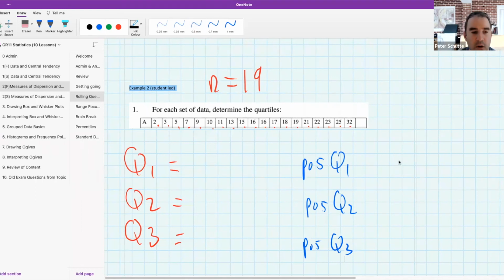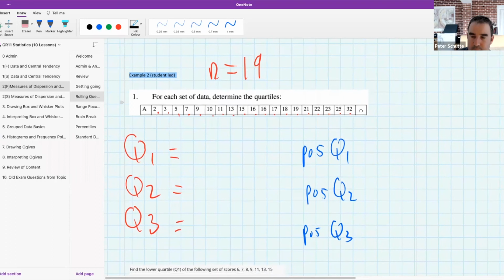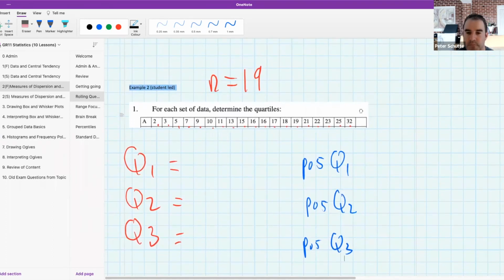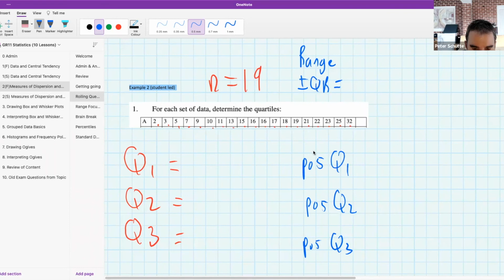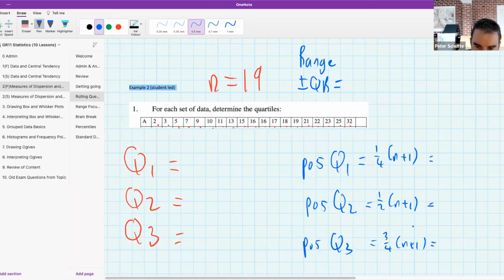So that's a good sign because it means that we can do these calculations. So what did I say n was? It was 19, huh?